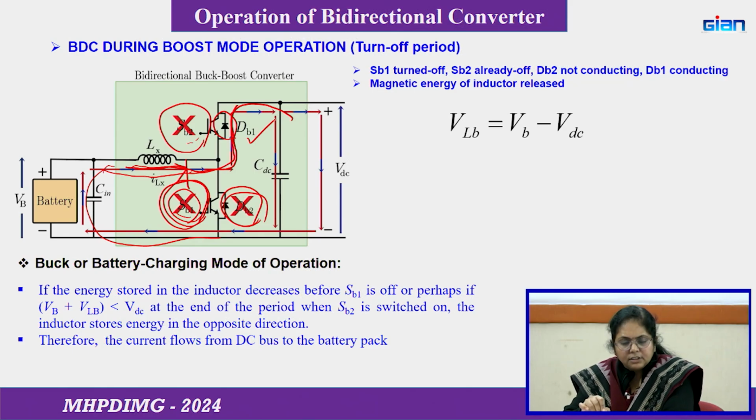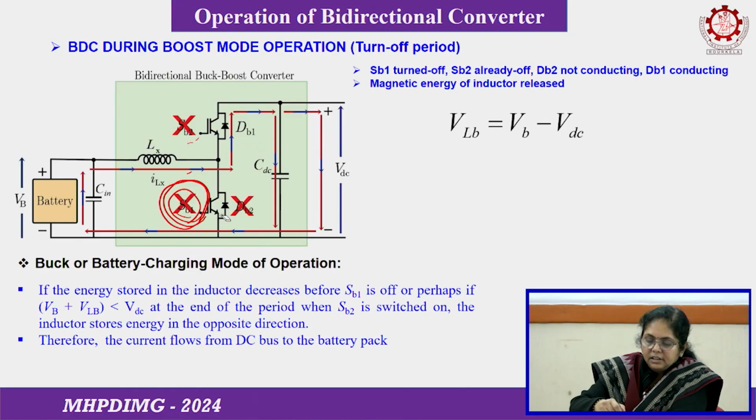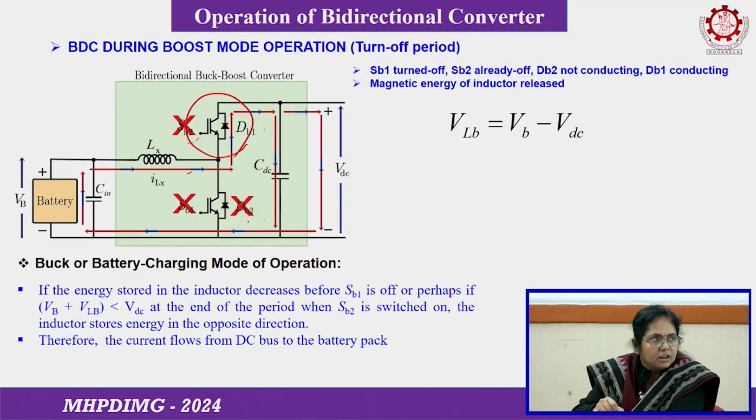In a similar way you can do the analysis for the buck mode, which is just reverse direction power flow. Again you can draw the corresponding circuit for the buck mode of operation, when the upper switch will be operating and the lower switch is off.